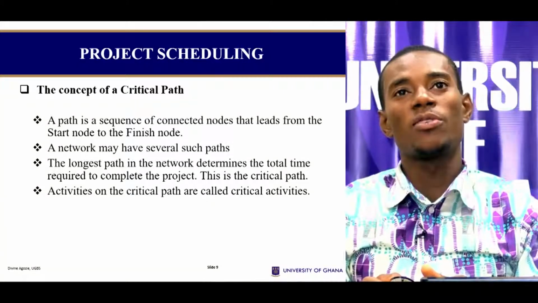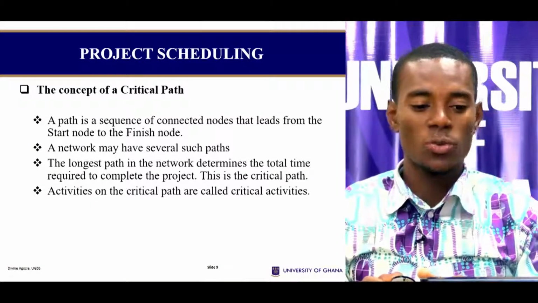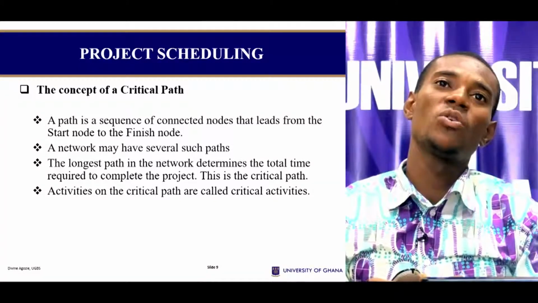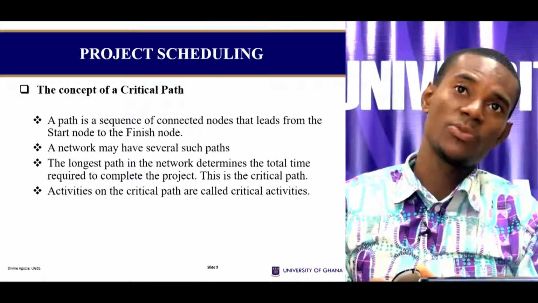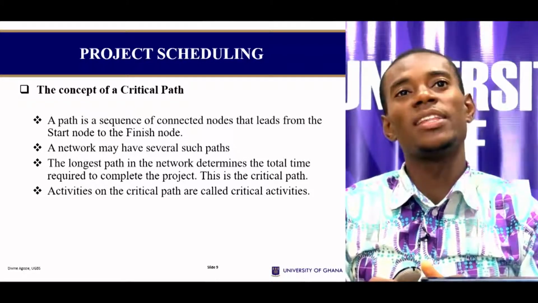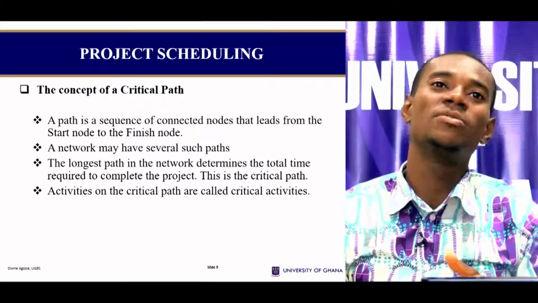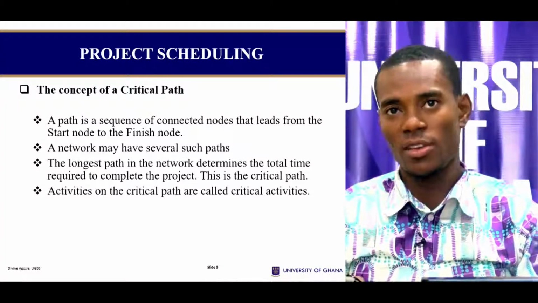The concept of the critical path. So we want to look at the two techniques separately. The CPM, or the critical path method, says that a path is a sequence of connected nodes that leads from the start node to the finish node.